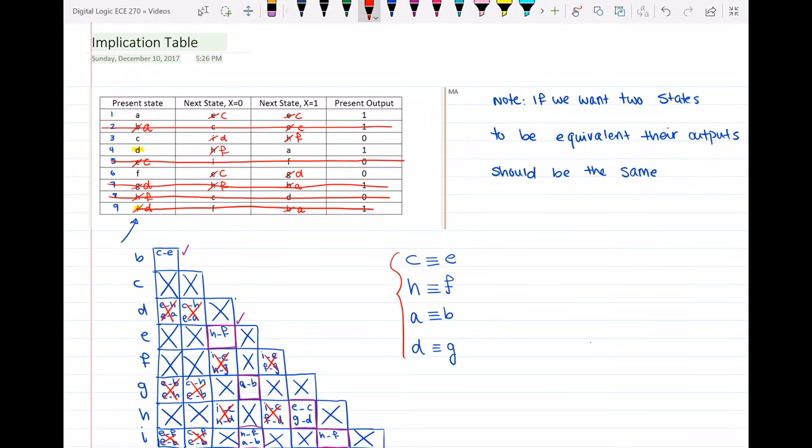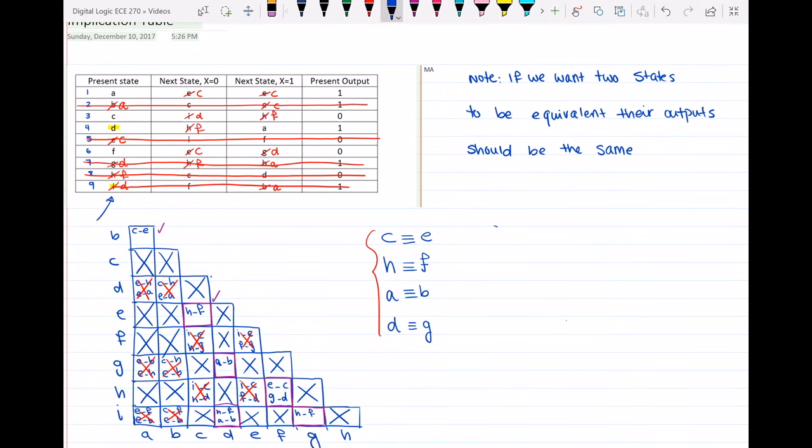Okay, so now from 9 rows, my table is reduced to only 4 rows. So in your exam, don't forget that you have to write this last reduced table out. Next state, and then the present output.